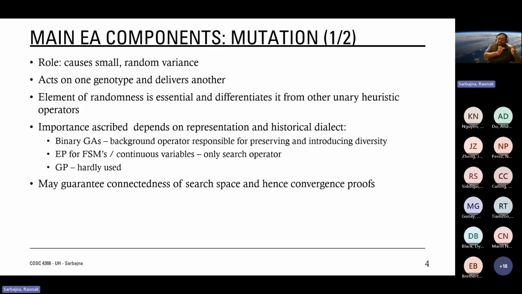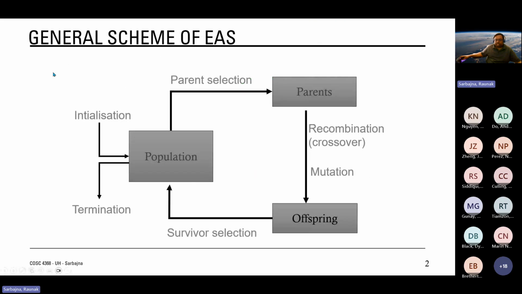If your original population has sets of solutions, how do you know you haven't missed a solution in between them? Think of the maze problems that I showed you yesterday. How do you know that there is a potential path that you haven't checked yet?